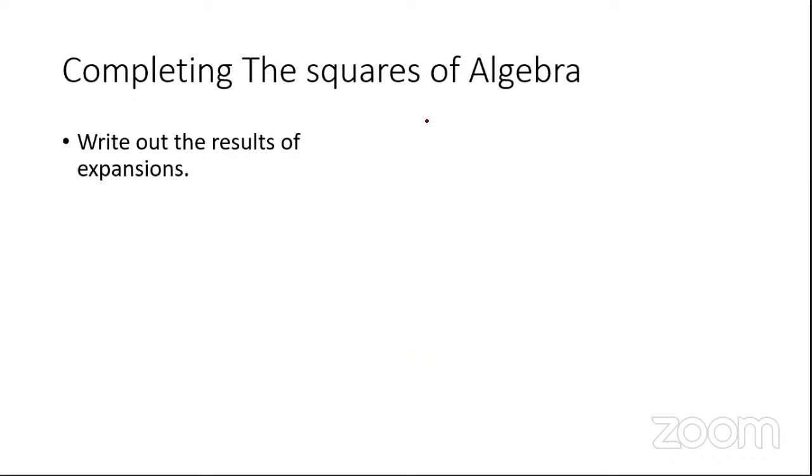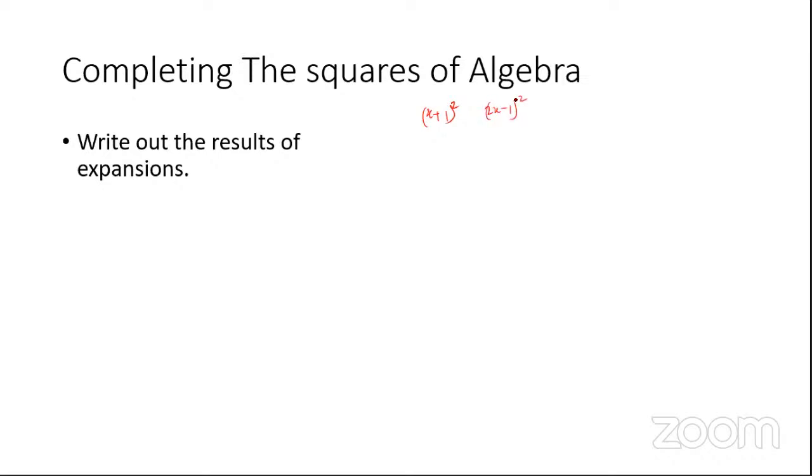For example, when you look at the expansion of x plus 1, what will it give us? That's x plus 1 squared. You know, this is a perfect square since it can be expressed as the square of a number. We may have 2x minus 1 squared.